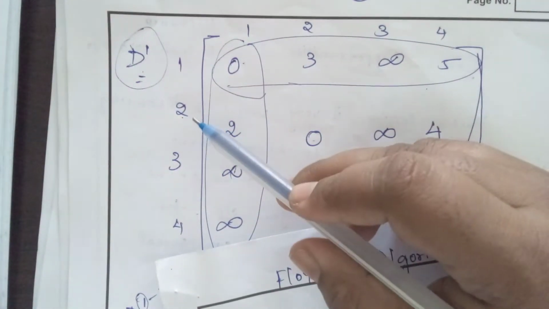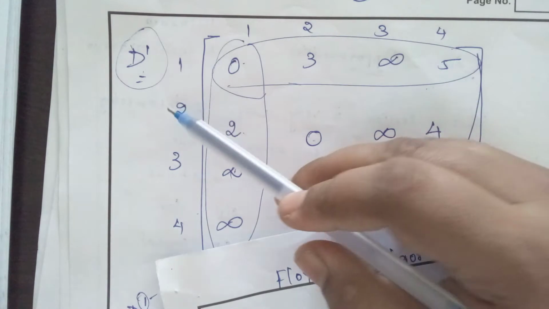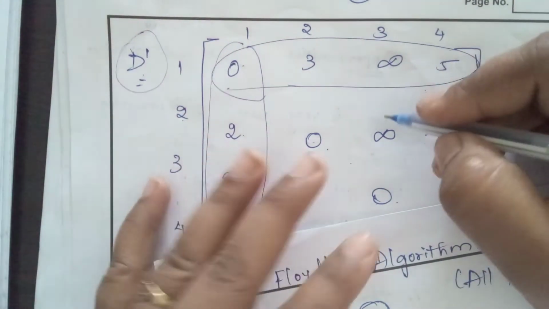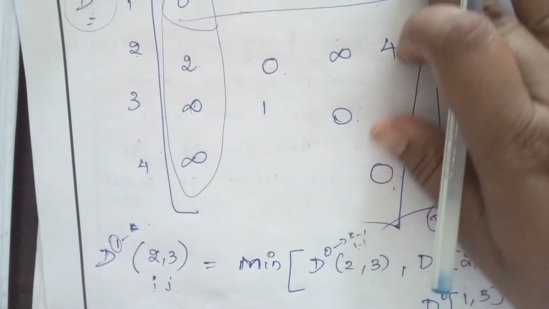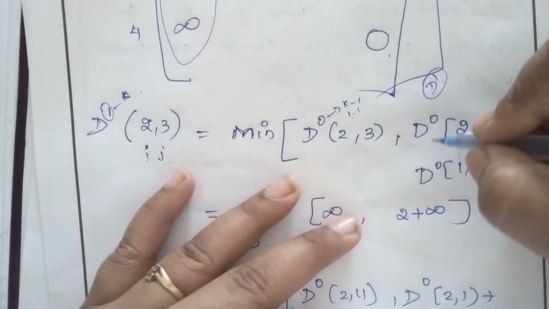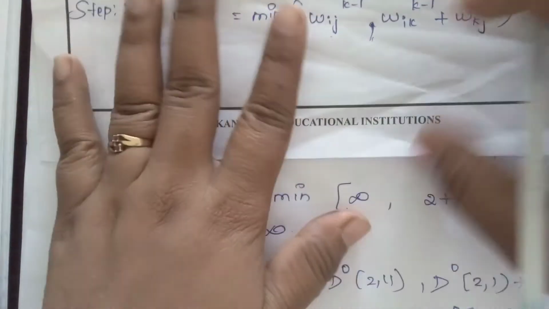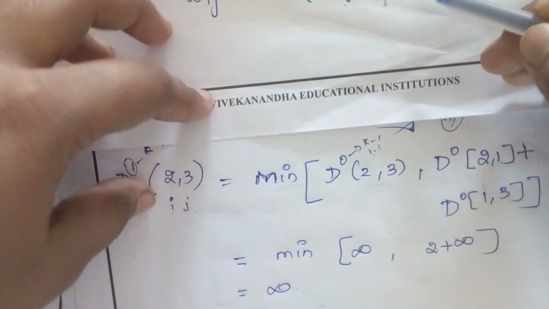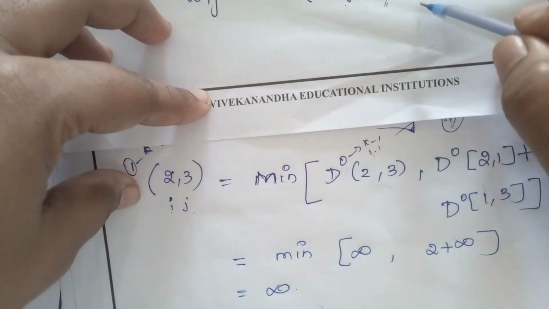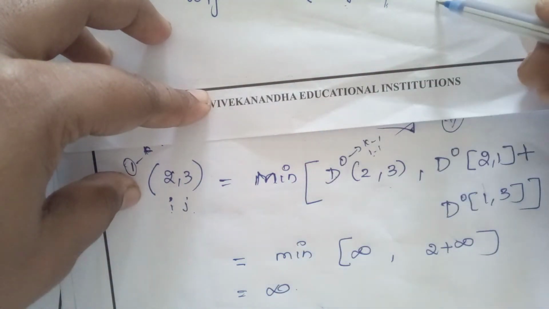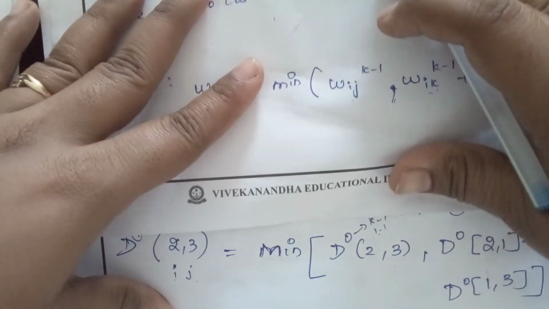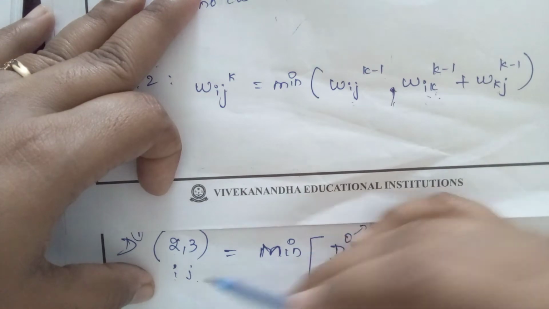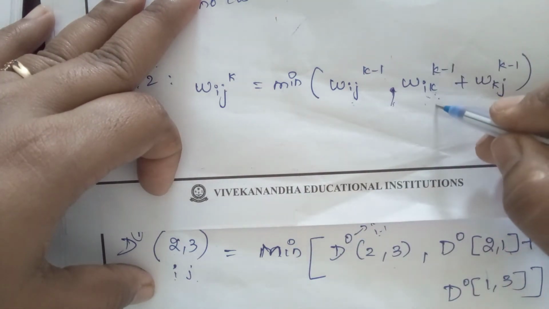Because 2 to 1 I have the value, but 2 to 3 I don't have the value, so I have to find this value. See 2 comma 3, and D0, same formula. W i comma k, that is i here 2, and k here nothing but 1.